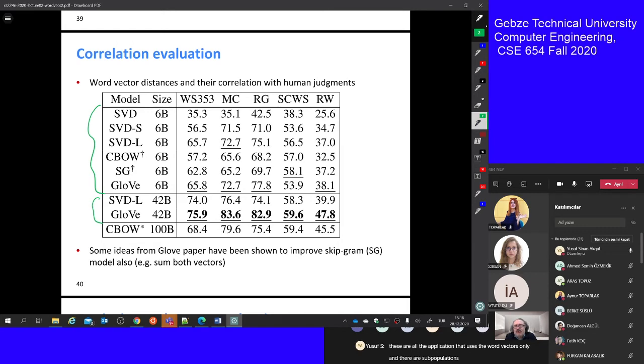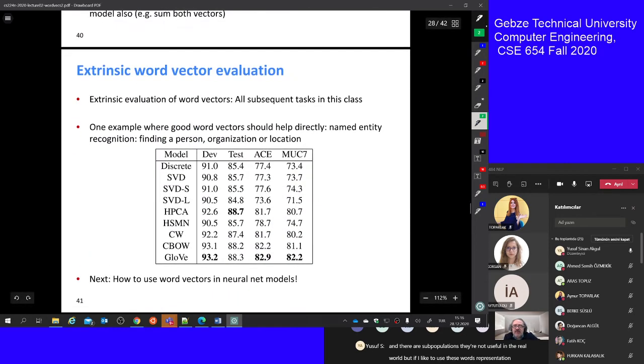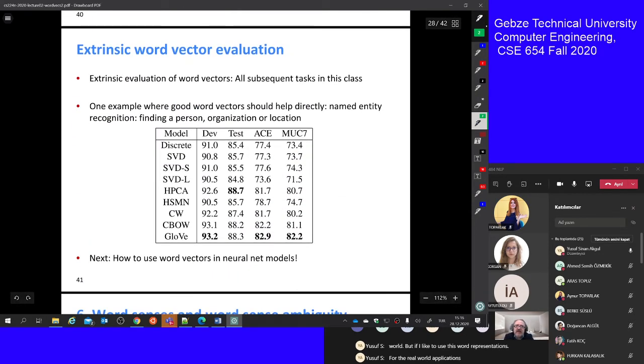They are not useful in the real world. But if I would like to use these word representations for real world applications, we are going to use named entity recognition.